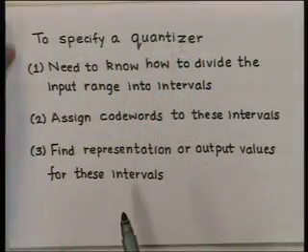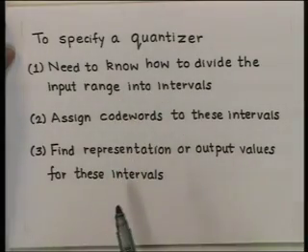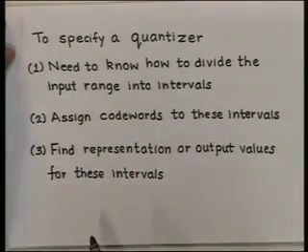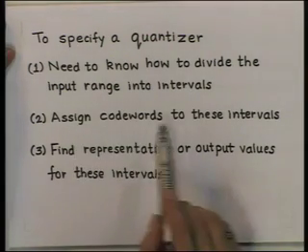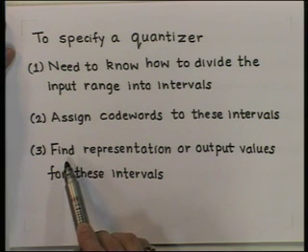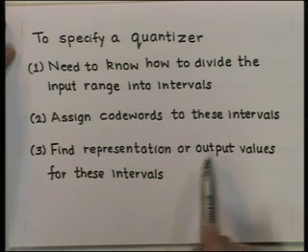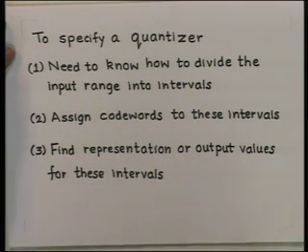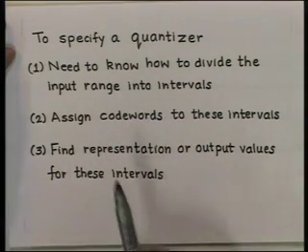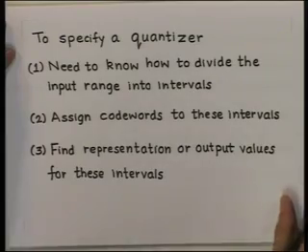In summary, to specify a quantizer, we need to know how to divide the input range into intervals, then assign code words to these intervals, and finally find representation or output values for these intervals. We need to do all this while satisfying distortion and rate criteria.